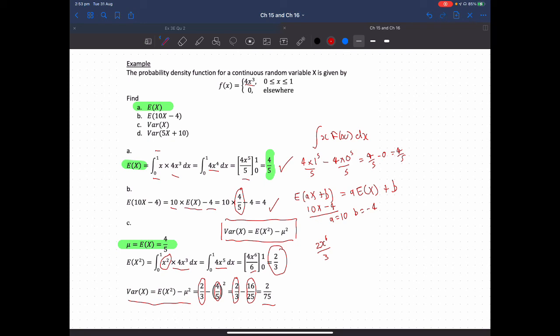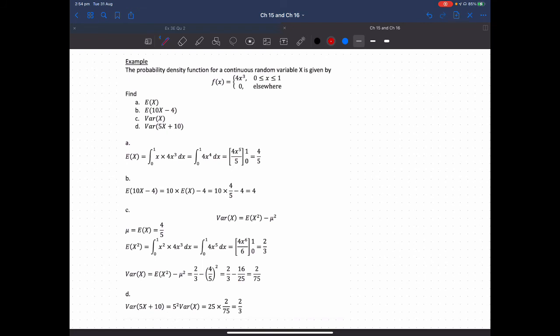Remembering for part D, the variance of aX plus b is equal to a squared times the variance of X. So a is equal to 5, b is equal to 10.